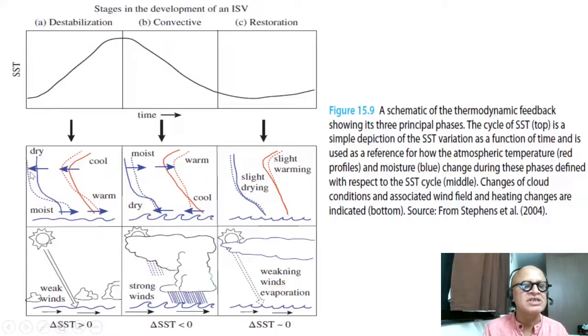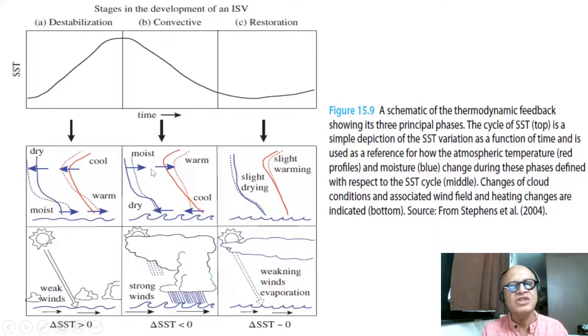So you can see that during the loading phase you have drying, but moistening at the surface, and as you head towards destabilization, the upper atmosphere is cool because there is radiative cooling, but there is warming at the surface because of the latent heat loss building up the moisture and atmospheric profile.